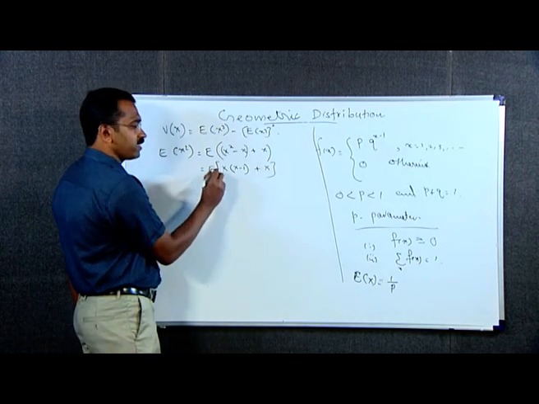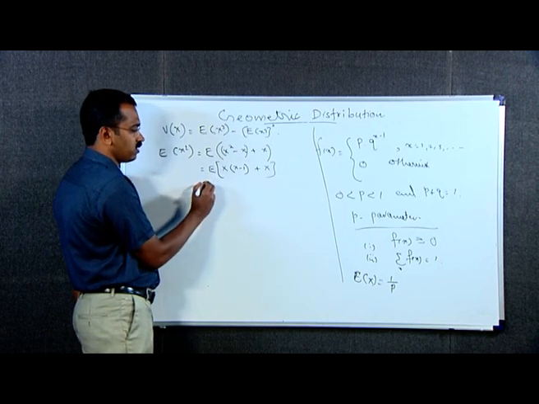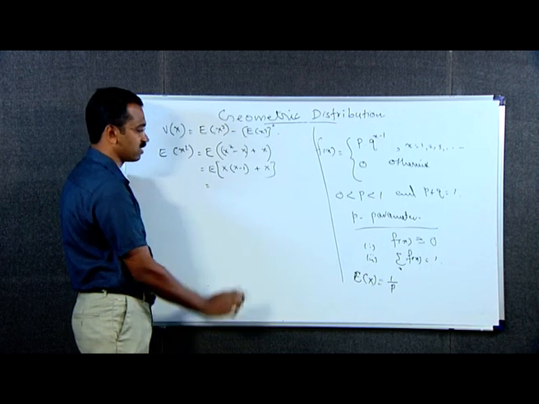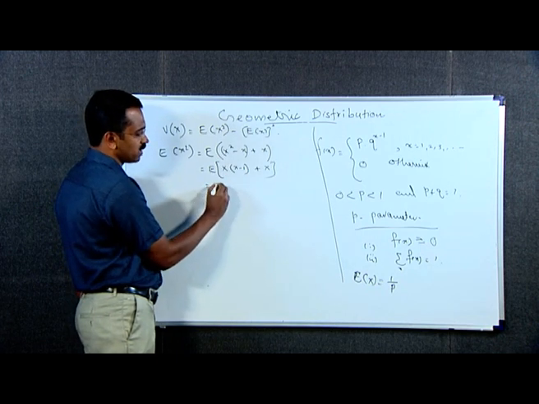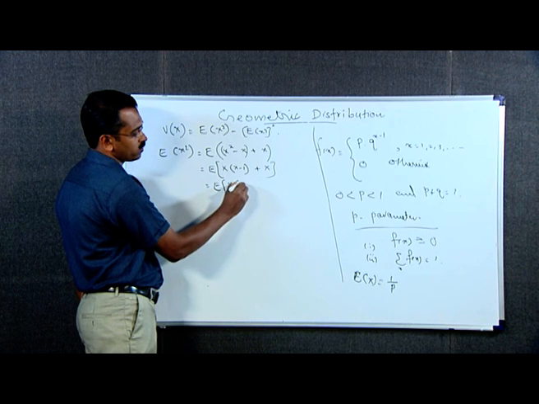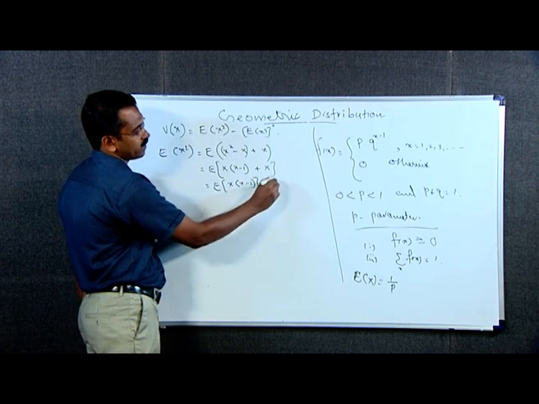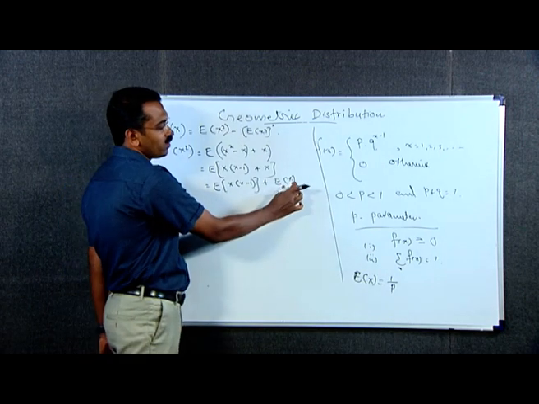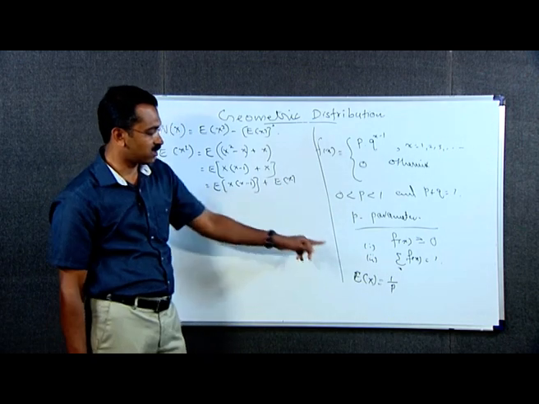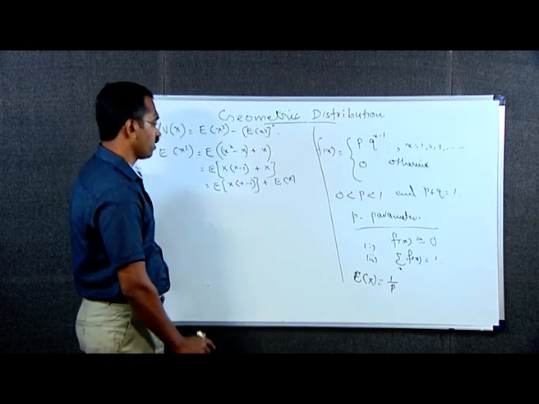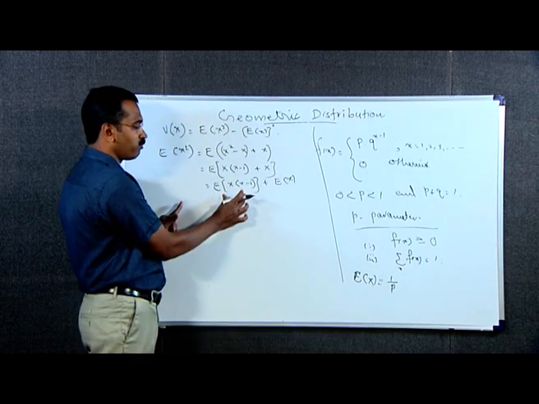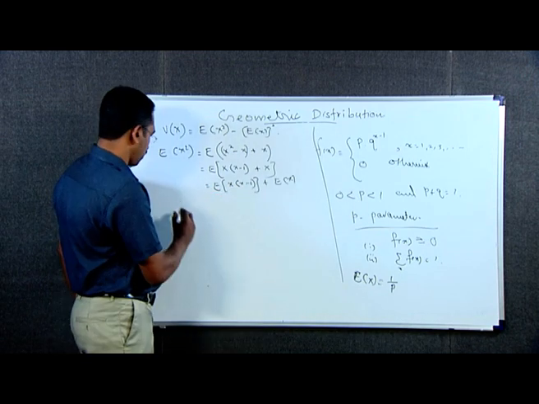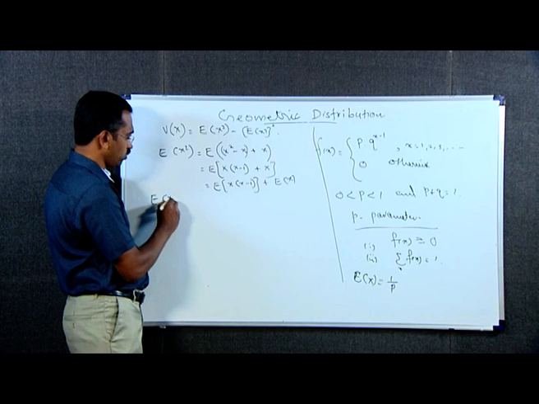Now, by the linearity property of expectation, we can split this into two expectations: expectation of x into x minus 1 plus expectation of x. Here also E of x occurred, that is equal to 1 by p. Therefore, we want to find E of x into x minus 1 only.